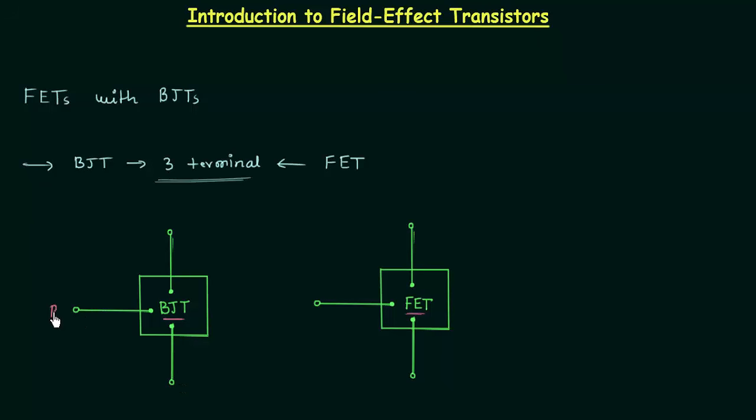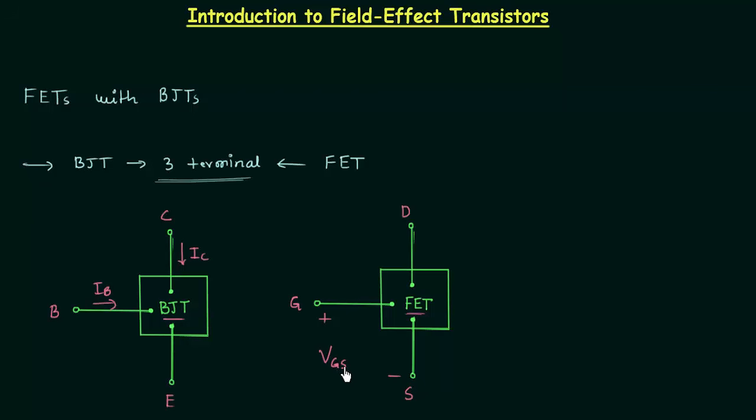This terminal is the base terminal, this terminal is the collector terminal, and this terminal is the emitter terminal. The current IB is the input current, and the current IC is the output current in case of BJT. And in case of FET, this terminal here is the gate terminal, this terminal is the drain terminal, this terminal here is the source terminal, and the potential difference between these 2 terminals is equal to VGS.